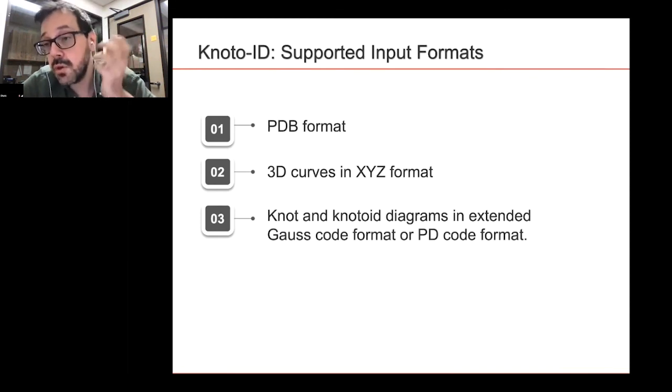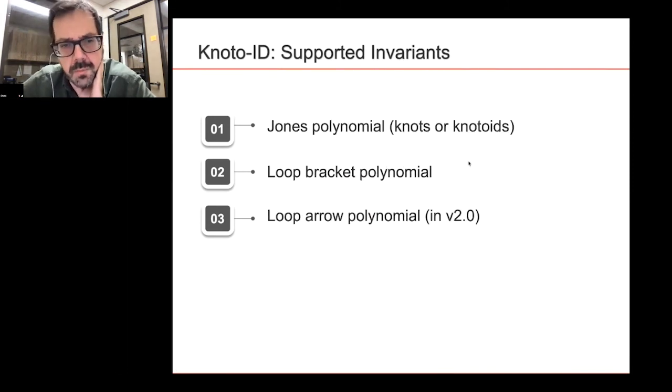If you don't do proteins, you can apply it to your work. And if you're a mathematician and you just have a bunch of diagrams, you can plug in the Gauss code or the PD code format, which is the code format that Mathematica uses for the package KnotTheory. And we have the Jones polynomial supported, the loop bracket, and the loop arrow polynomial.